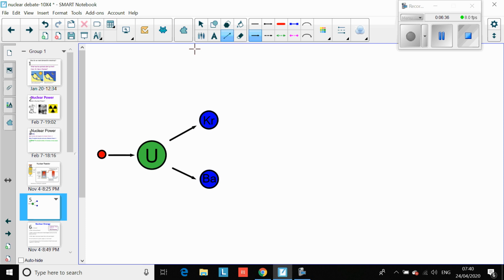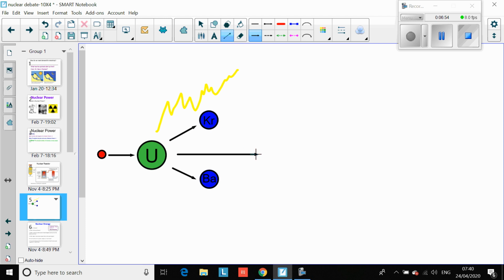And as it does, it releases a huge amount of energy. So we'll just do zzz there. That's basically your heat energy just coming out. It's actually sort of radiation, but it's heat energy coming out. But it also does something else.